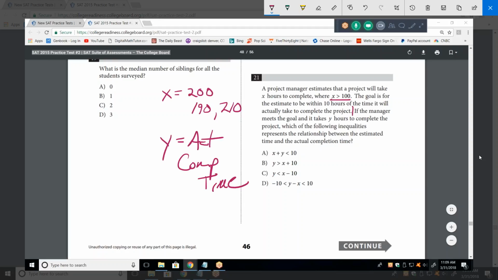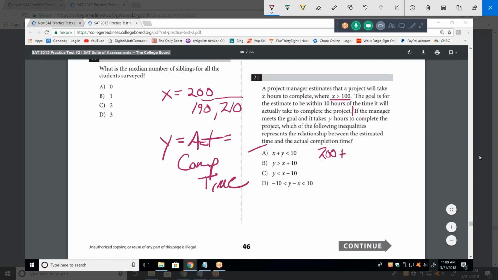So let's have a look at A. We have let 200 equal X. So if I do the arithmetic, it's 200 plus Y. We've got to make up a Y. Give me a Y. Okay. Like 150?